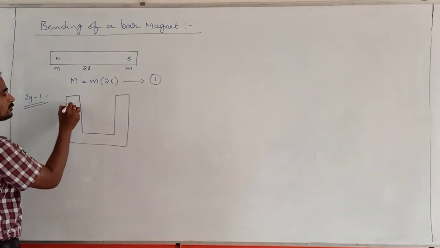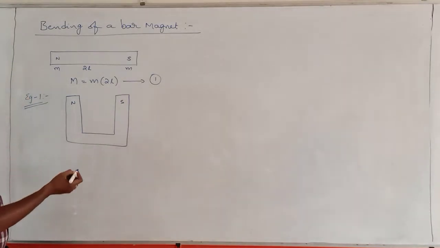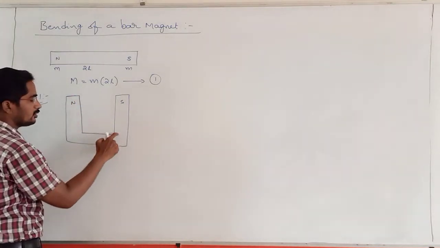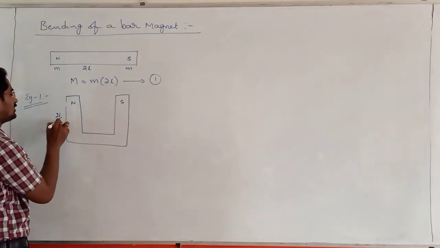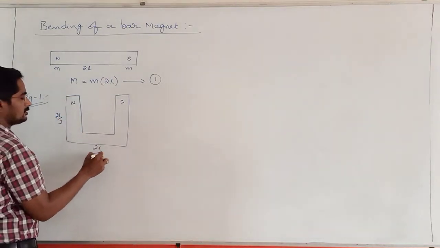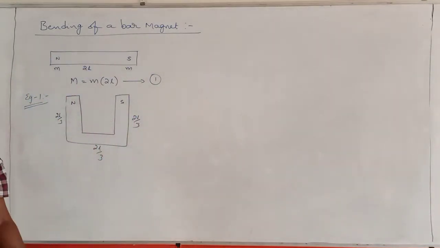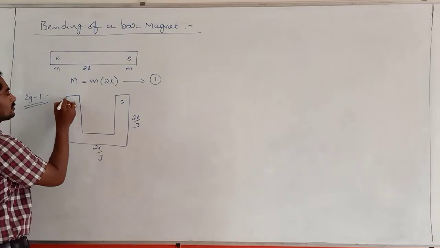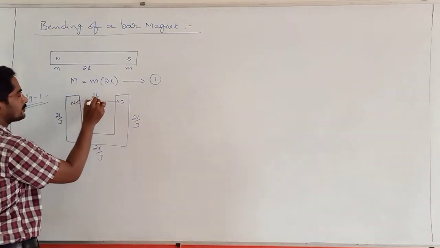With the north pole and south pole, what about its new length now? It's a U shape, with three parts of equal length, so each is 2L by 3. The total length originally is 2L, so the present distance between the two poles is 2L by 3.